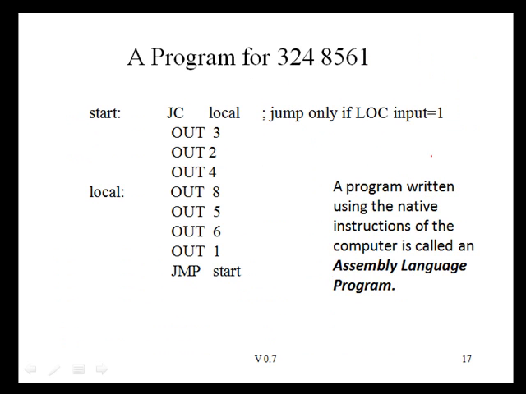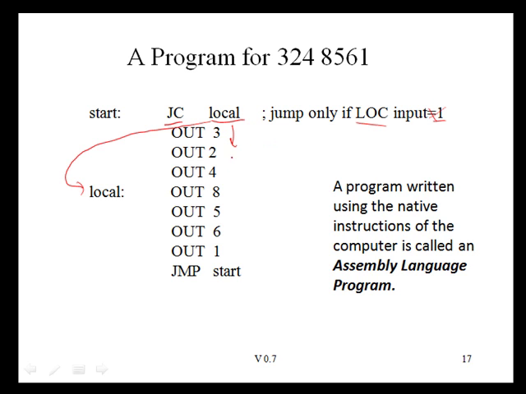Let's take our pseudocode program and rewrite it using the instructions that we just designed. Our if statements become a jump conditional, where the operand of the jump conditional statement is the label that indicates the instruction that we're going to jump to if the condition is true. In this case, the jump conditional checks the loc input, and if it's a 1, we will take the jump. If the jump is not taken, if the condition is false, then we will simply execute the next instruction.